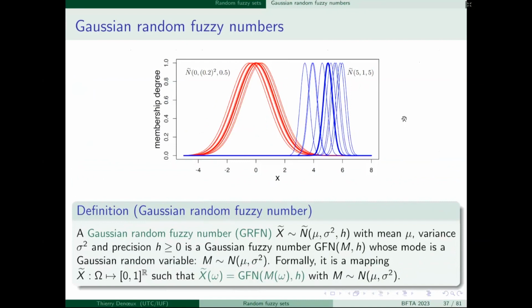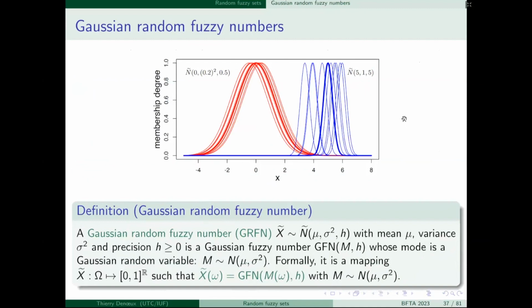Okay, now what is a Gaussian random fuzzy number? It's a Gaussian fuzzy number whose mode is random, and is a Gaussian random variable. Okay, so I denote it like this, N with 3 parameters, where mu and sigma squared are the mean and the variance of the mode.